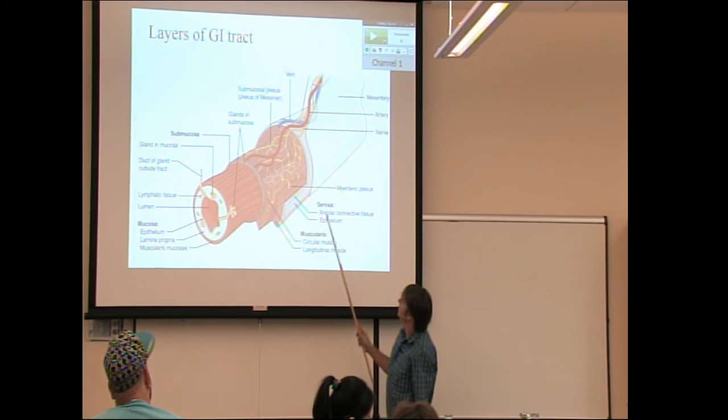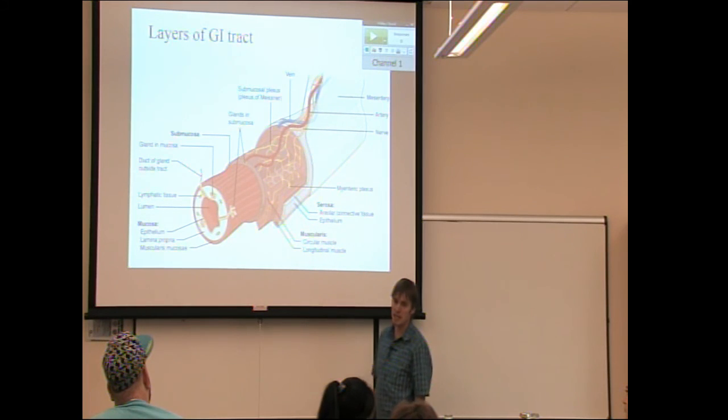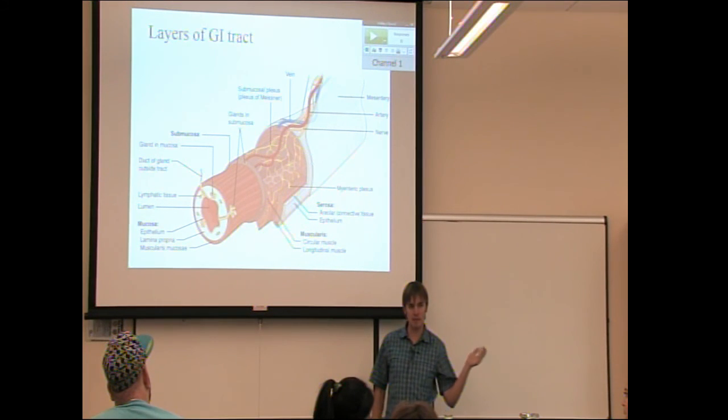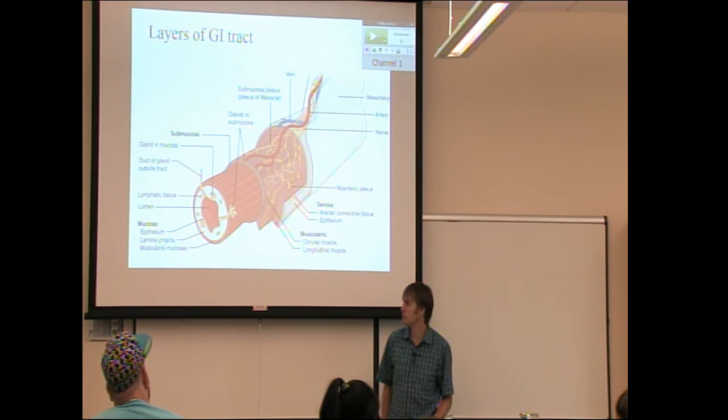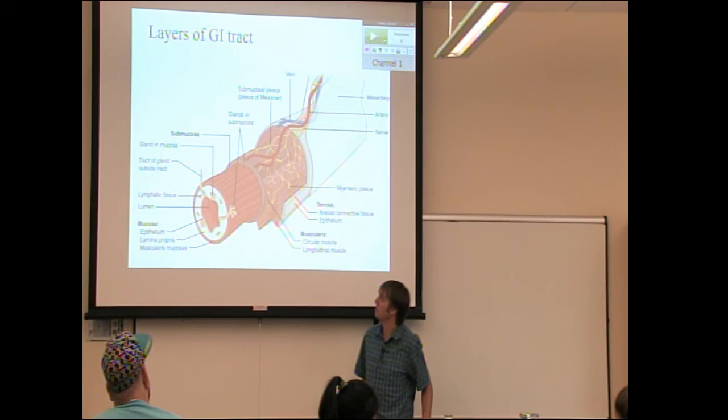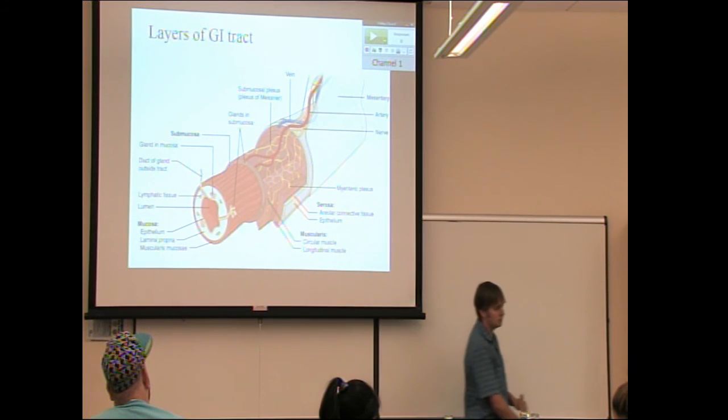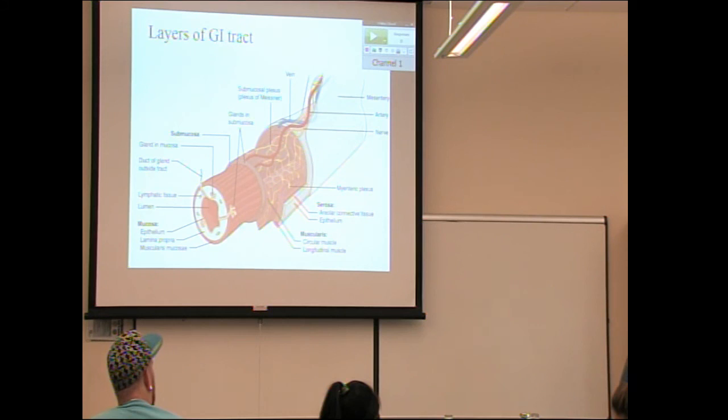Then way out here, you've got your serosa, which, remember, is a membrane, which means it has an epithelial layer and a connective layer. It's quite a number of layers to get through. You want to think of it as this whole thing coming all the way through all those organs.